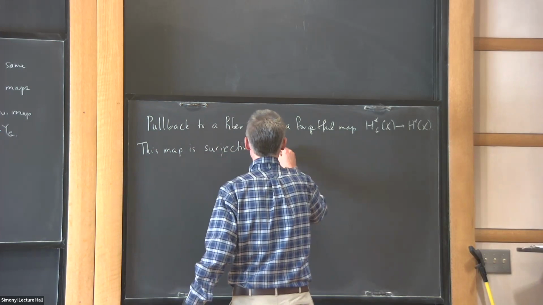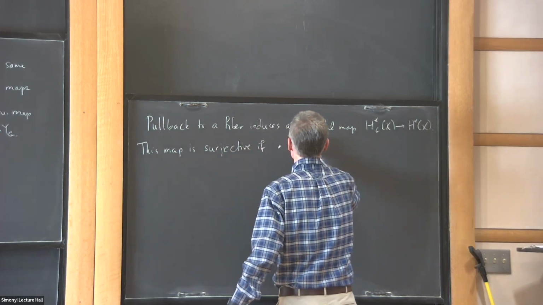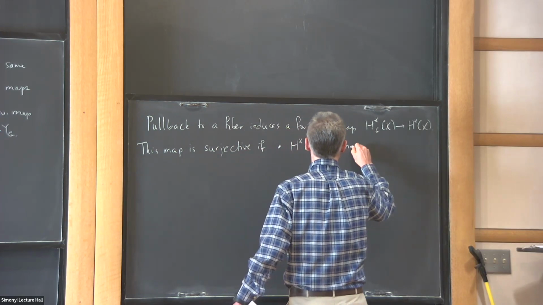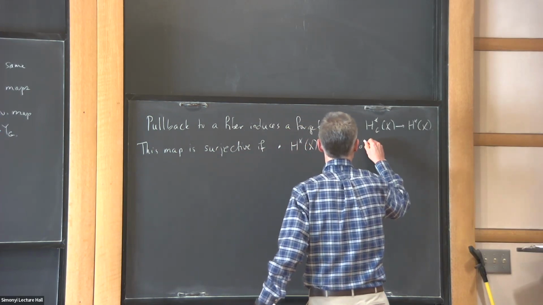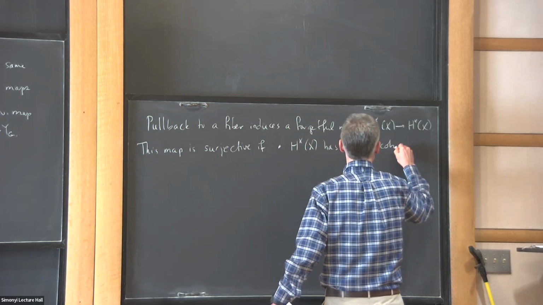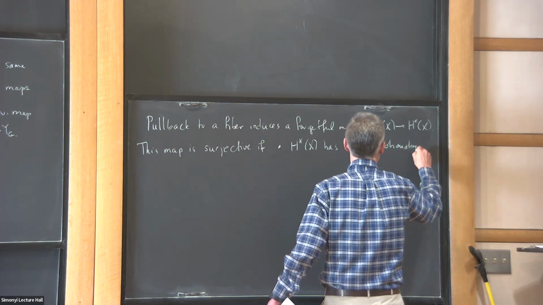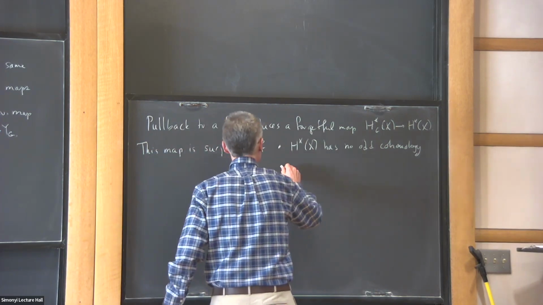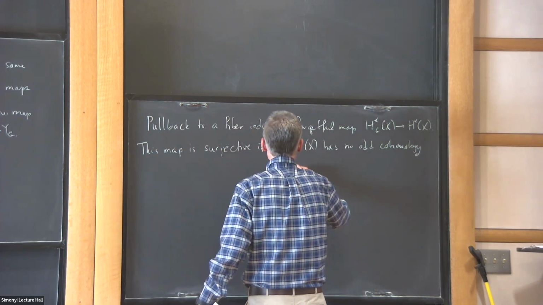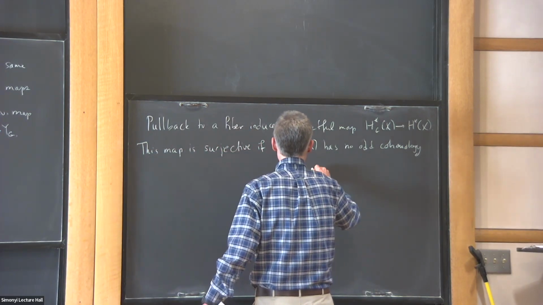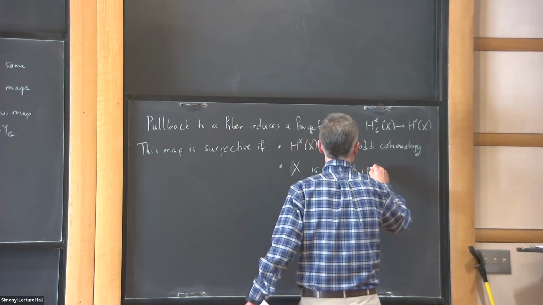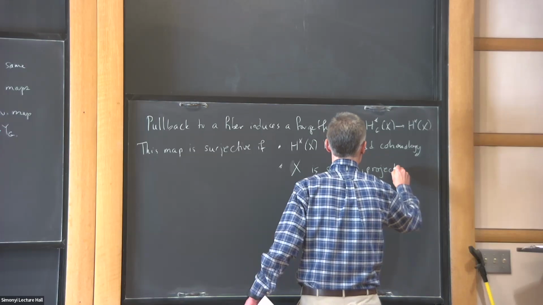For example, if H star of ordinary X has no odd cohomology, then this spectral sequence would automatically degenerate. Or another condition is if X is smooth and projective.